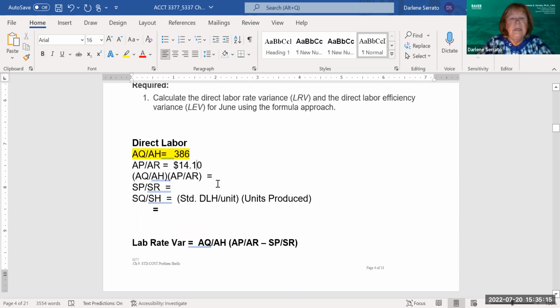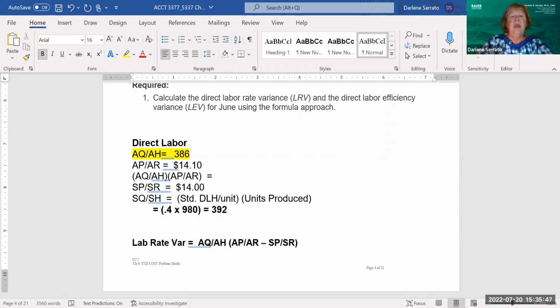Standard rate, $14. SQ, 0.4 hours times 980, which was the 392.